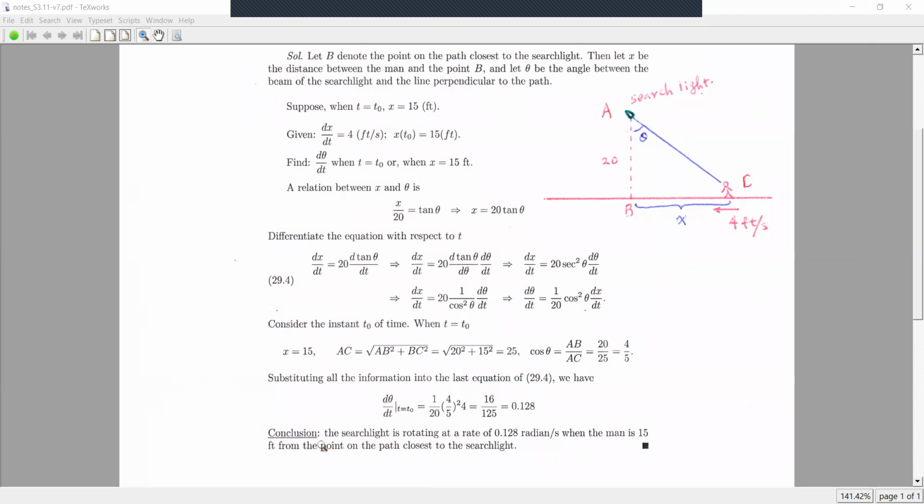Conclusion. The searchlight is rotating at a rate of 0.128 radian per second when the man is 15 feet from the point on the path closest to the searchlight.